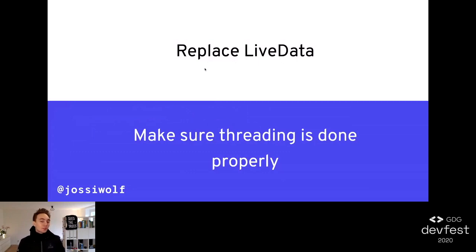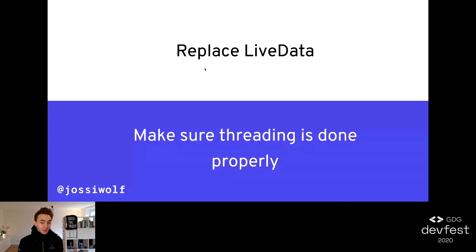Or we could make sure threading is done properly. So we were like, okay, being in an active project, what's the least harmful thing we can do? And we were like, okay, making sure threading is done properly kind of sounds like the less invasive thing.